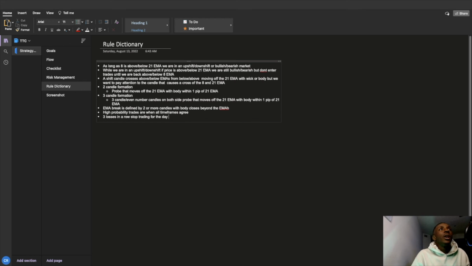So it's what is a 2 candle formation? What is a 3 candle formation? And you just make the rule dictionary really explanatory to you. Because this is not the way that Austin described what's called a 2 candle formation, but just that word probe means something to me, and it really helped me understand what he was describing. And then screenshots.